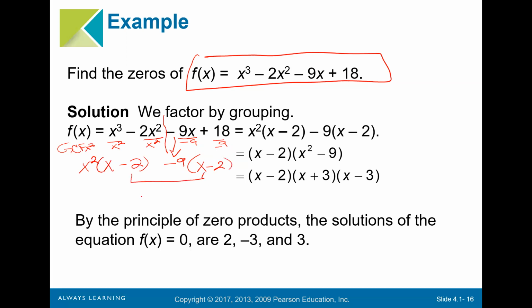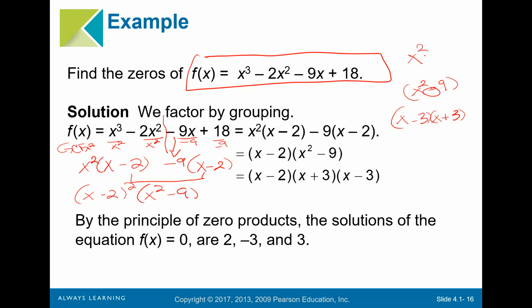Now I notice I have 2 of the same parentheses, so let's pull that out. And that leaves me with x squared minus 9. Well, x squared minus 9 can be rewritten with an x in the beginning of each parentheses. And since it's a minus, we're going to have a difference, and I know 3 times 3 is 9.